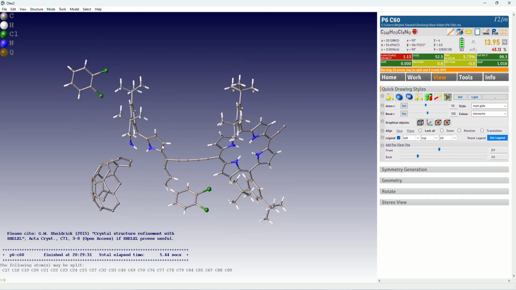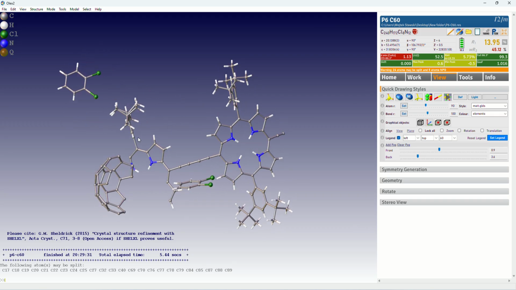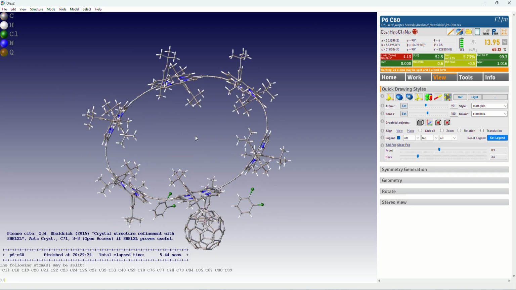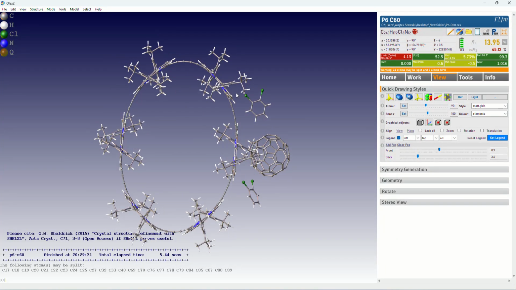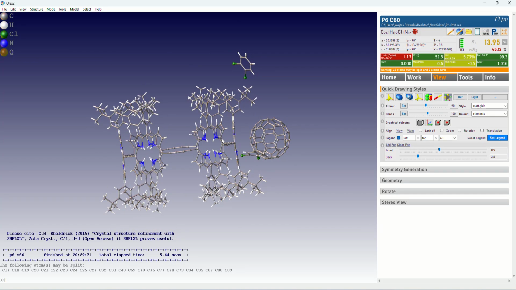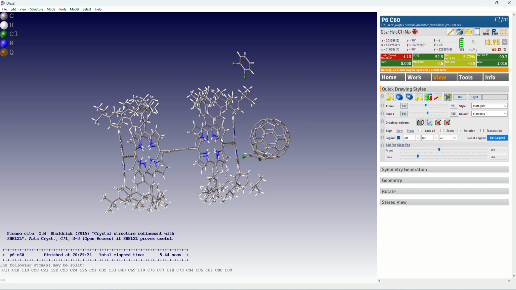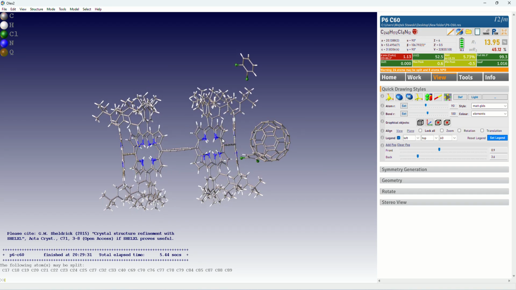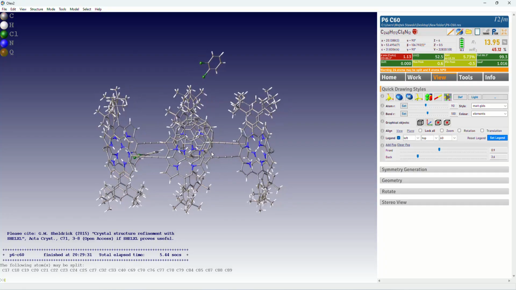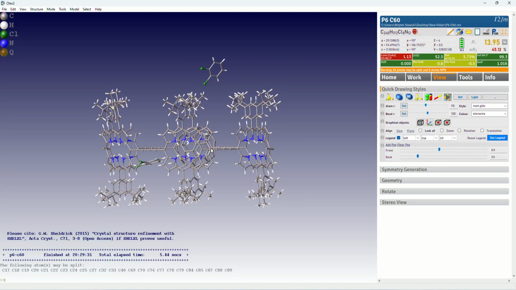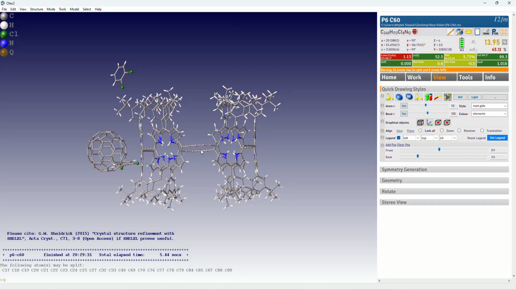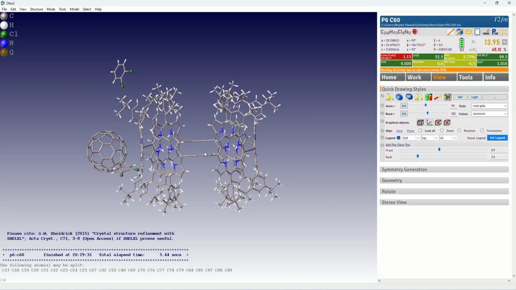Of course, bond lengths are not ideal, but they are in the range that you can expect from this type of molecule. We didn't discuss bond lengths in the paper. We are just looking at geometry and basically planarity of porphyrins and how these butadiene linkers are arranged in the molecule. You can see that these are kind of in one plane, but these are a bit out of plane, so quite bendy, right?